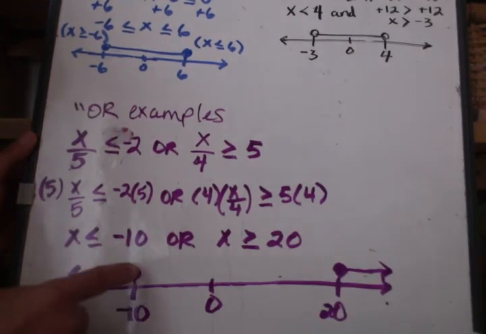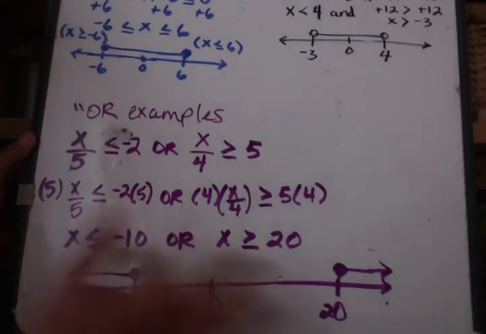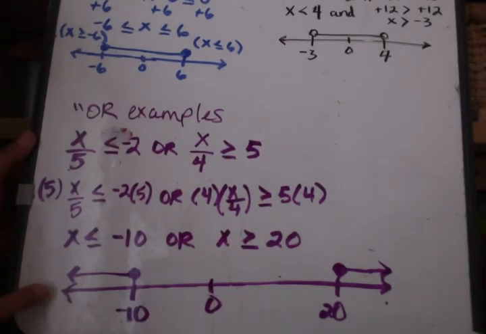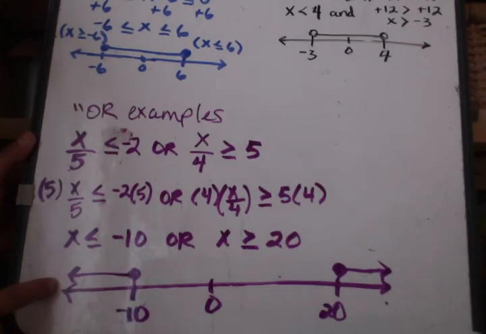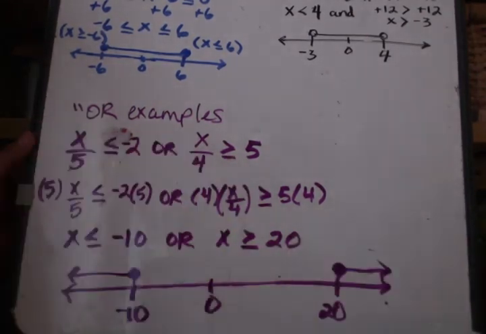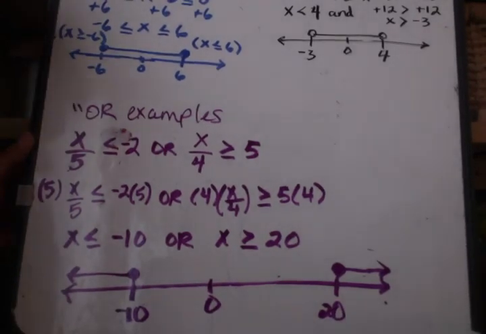And with my OR condition, only one of the conditions has to be true, even though they don't ever intersect. So this is what my final solution would look like. Every number less than or equal to negative 10, and every number greater than or equal to 20 would make either one of those solutions true. Okay, thank you.